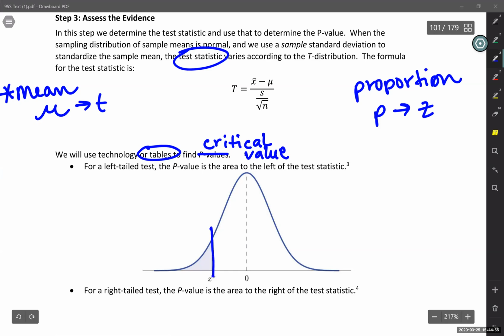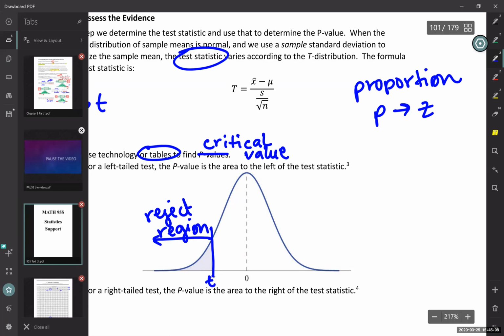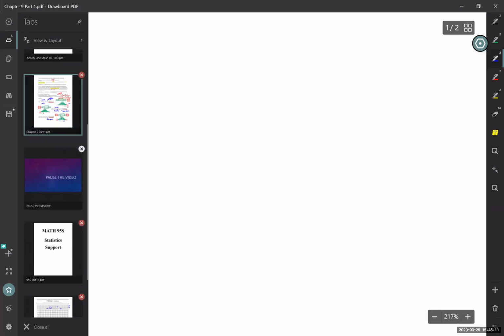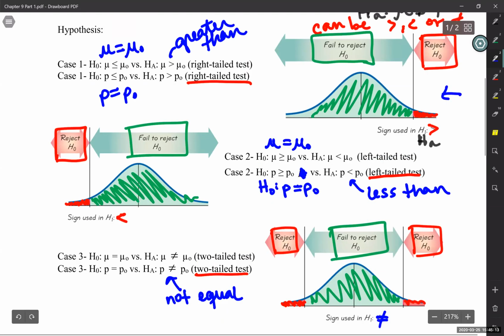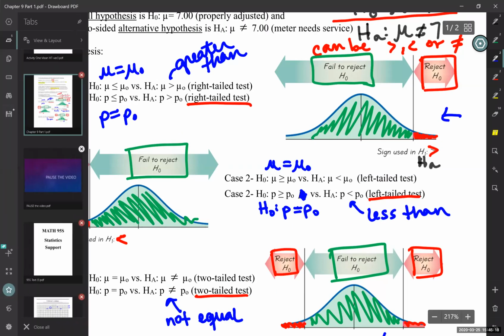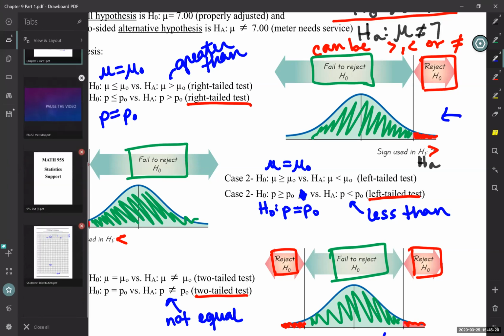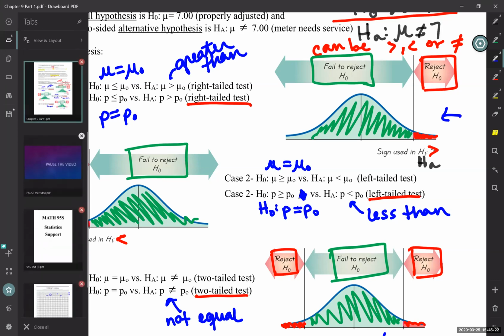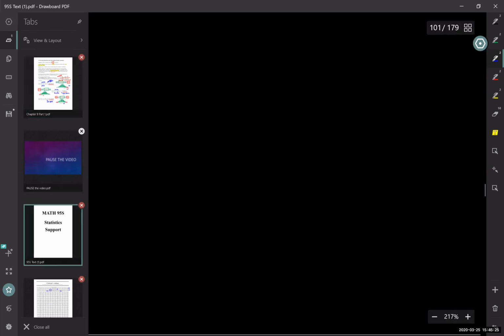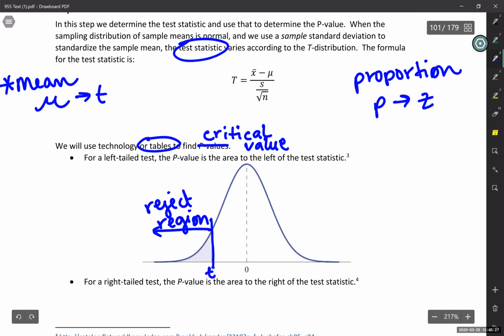In this case, we're writing down our t, and then we would have our reject region on the left-hand side. And just before we get too far into this, as a reminder, we did these pictures in 9.1. So this is the same pictures that we talked about. Less than is the left tail test.